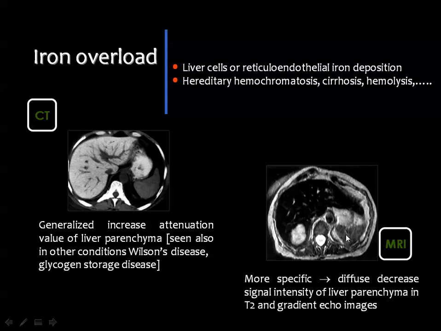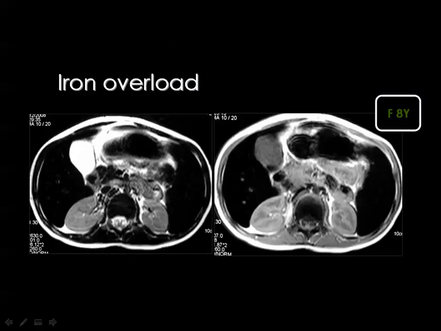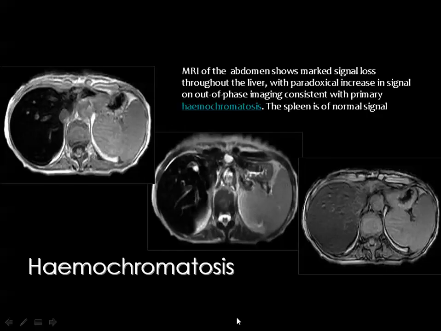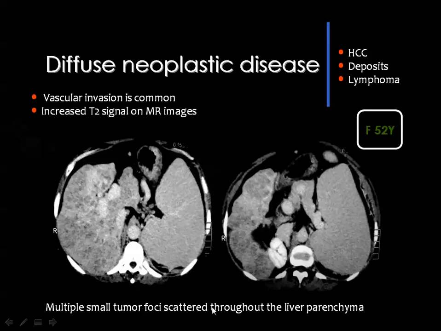Then if the liver and the spleen are affected and you want to know if this is normal or not, you look for the muscles. And this is an example. The liver and the spleen are affected by iron overload, while the muscles are still of normal signal. And this is an example of iron overload in the liver, as you can see here.